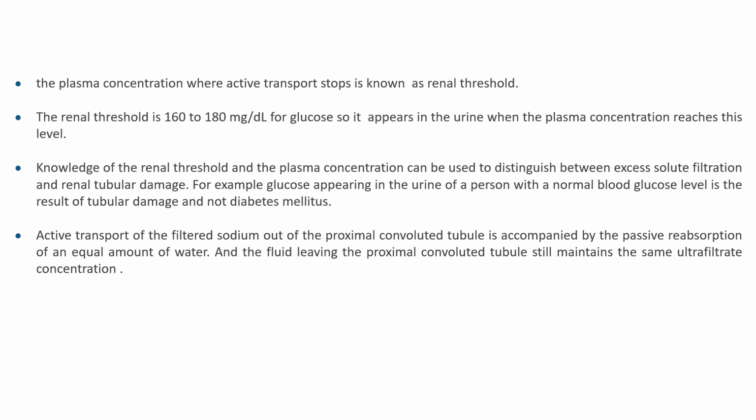Active transport of filtered sodium out of the proximal convoluted tubule is accompanied by passive reabsorption of an equal amount of water, so the fluid leaving the proximal convoluted tubule still maintains the same ultrafiltrate concentration.